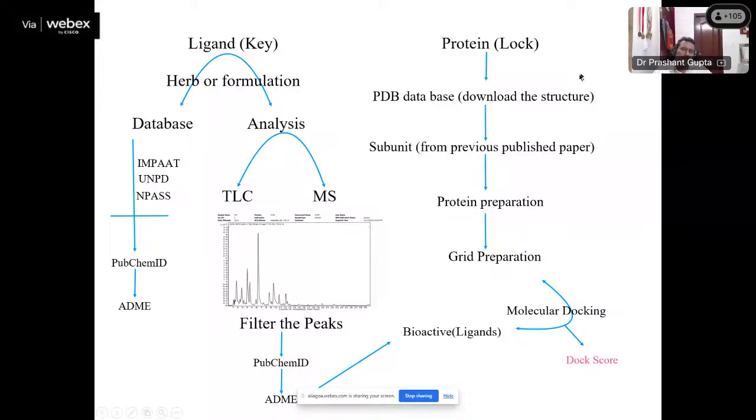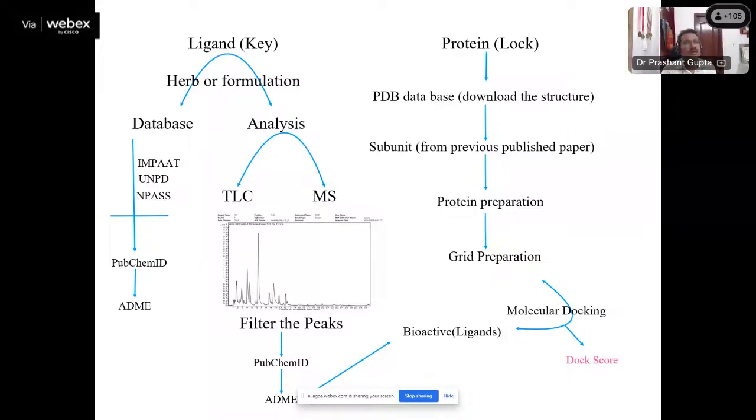A protein has a big structure, so we catch the workable subunit and put that subunit into the software, and protein preparation is done. Then, let's say this is the whole lock and the key has to be put in a small area, the computer makes that area more prone for that key, and it is called grid preparation around the key area. That grid is prepared, then we introduce that ligand or key, and this is called molecular docking. We get a particular dock score.